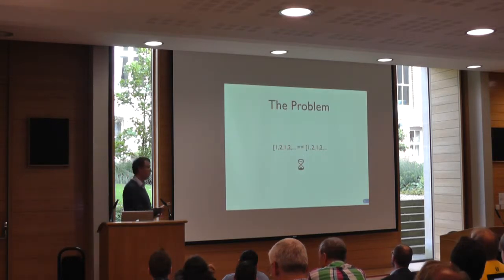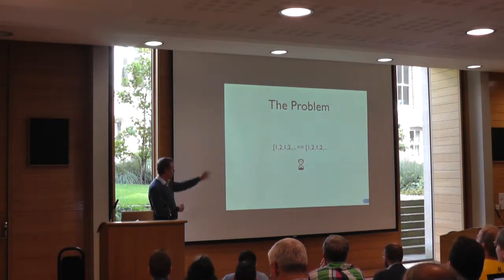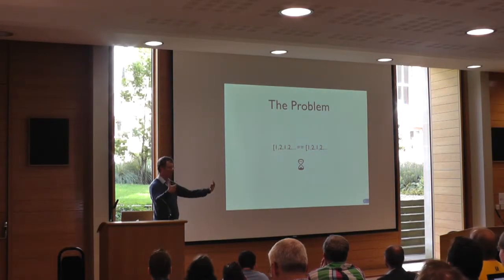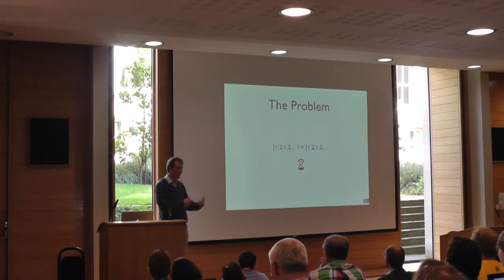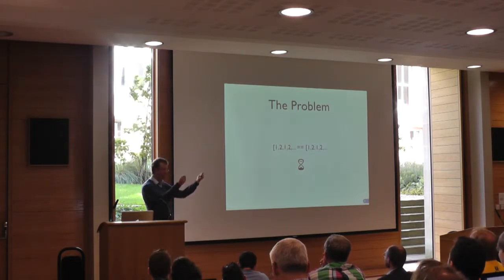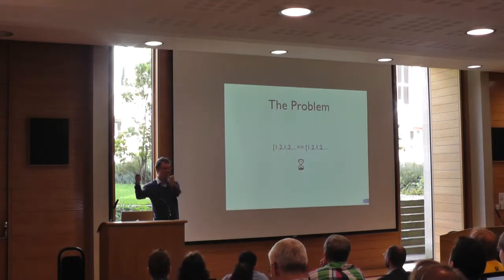So we want to look at the equality of rational terms. And what's so difficult about them? If you just write your rational term, this infinite stream, in Haskell, and you compare it to itself, you wait for the answer, and you wait forever basically. What Haskell is doing is looking at the first elements, comparing them, they're the same. Okay, let's go to the second element, it's the same, the third, and so on.